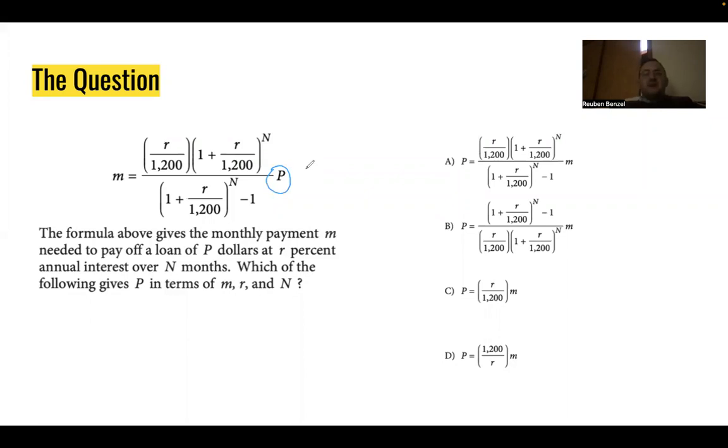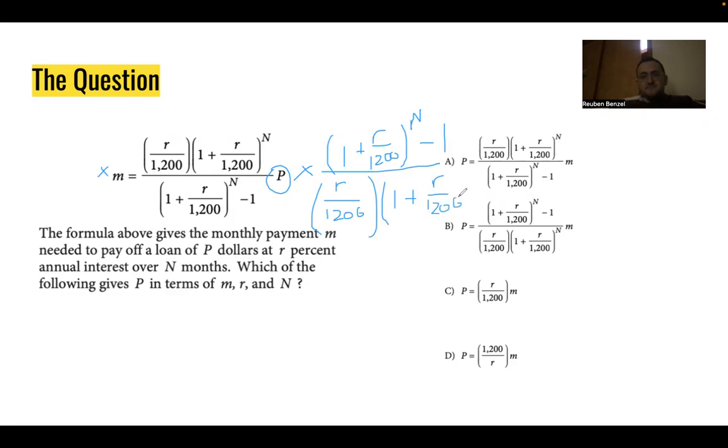Basically, if we multiply by the reciprocal, and this is why it works, and we do this on both sides, so I'm going to multiply by r over 1200 to the n minus 1 over r over 1200 times 1 plus r over 1200 to the n. And I just multiply that on the other side as well.